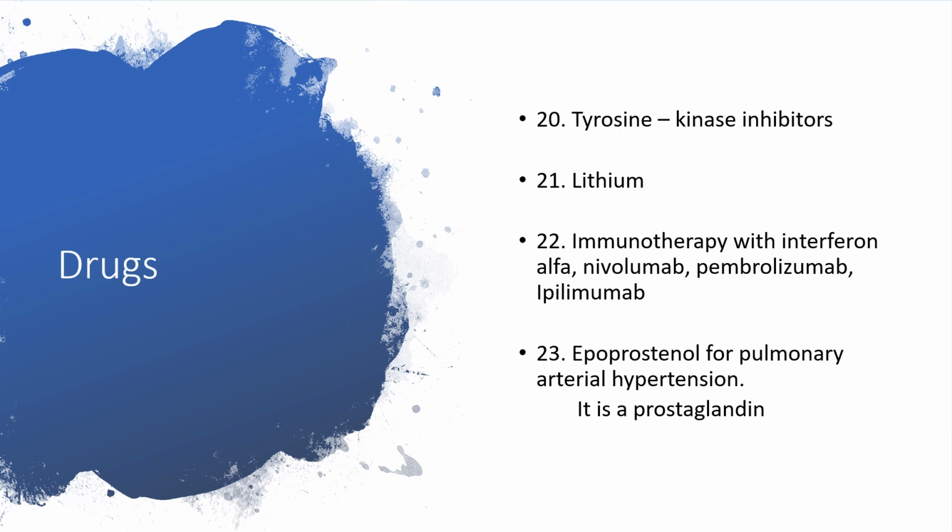Also epoprostenol, a prostaglandin that is used for the treatment of pulmonary arterial hypertension, could also be responsible. So anyone taking all these medications should watch out. And don't forget, I have talked about amiodarone before now.